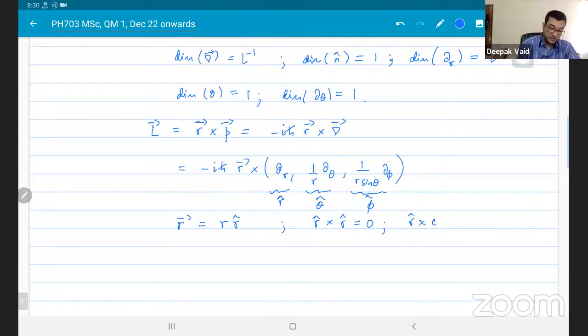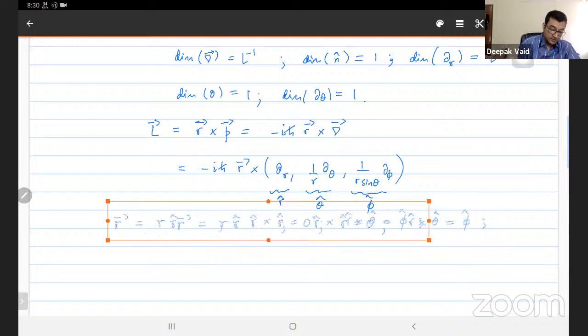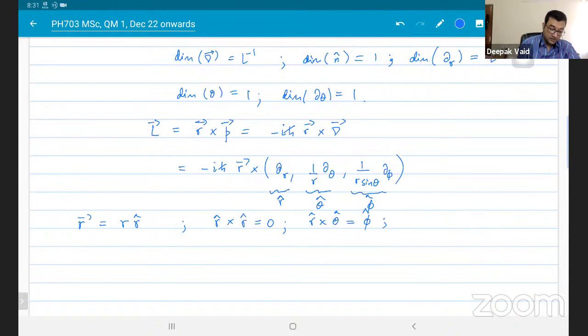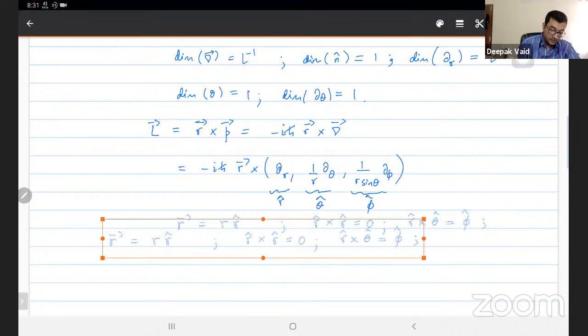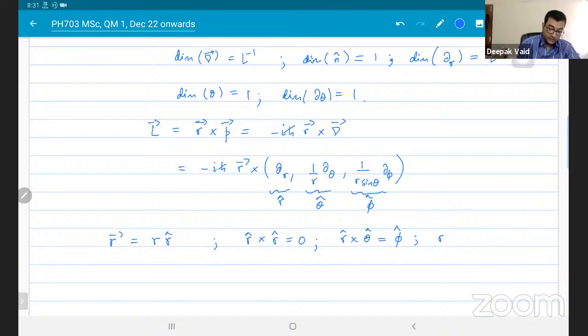Then I have r hat cross theta hat, and this is going to be phi hat. And then I will have r hat cross phi hat, and this will be minus theta hat.